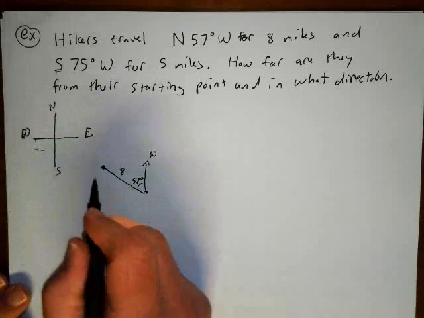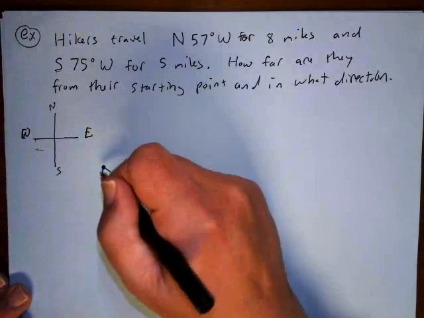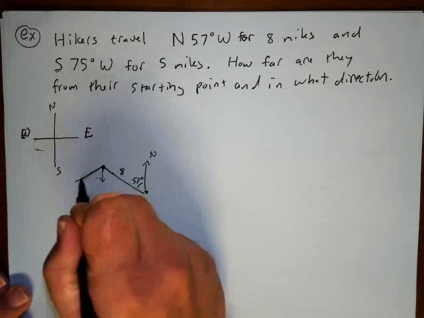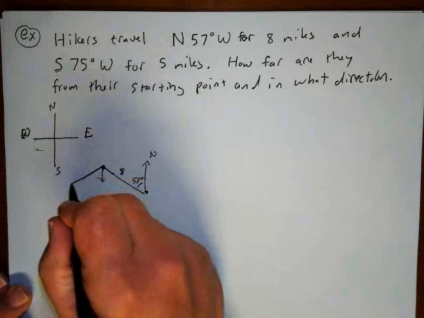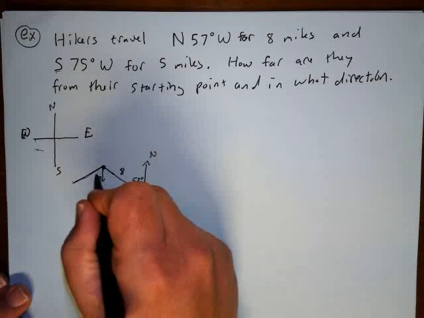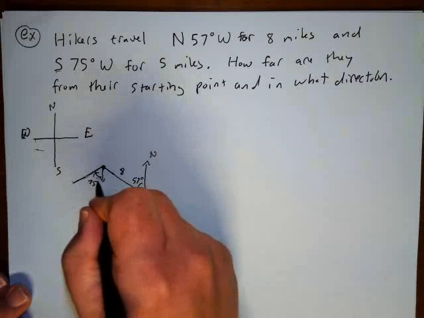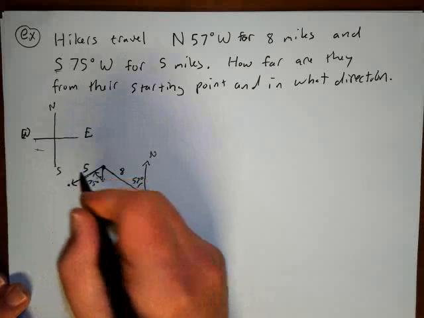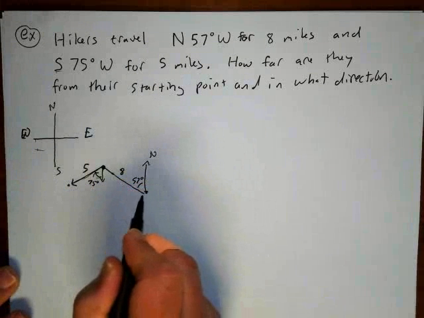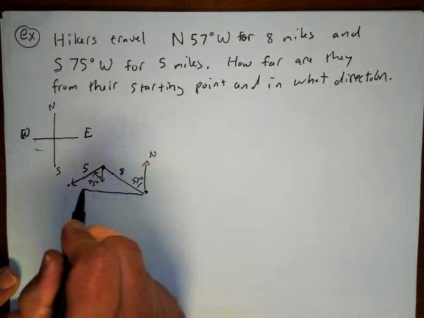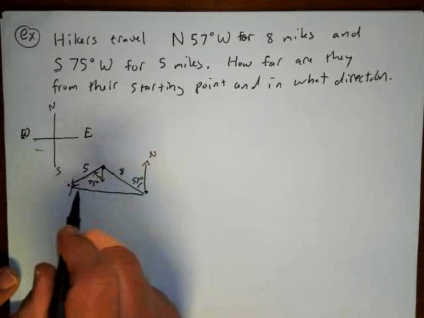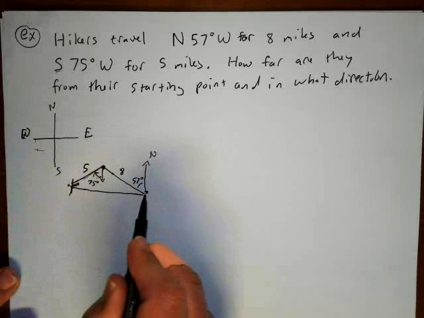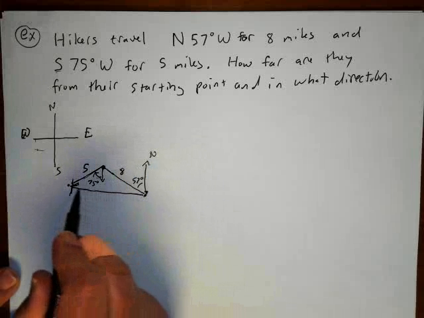Here's the south, and this is 75 degrees, and then they go 5 miles, right? And what they want to know is the distance and the direction they are from the original starting point.